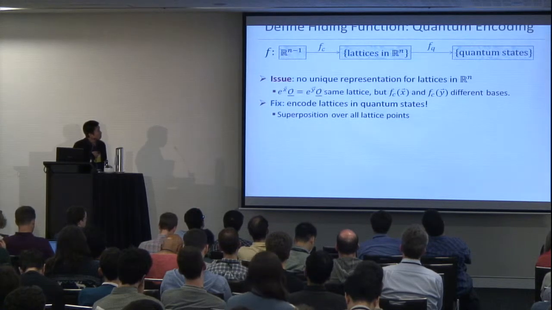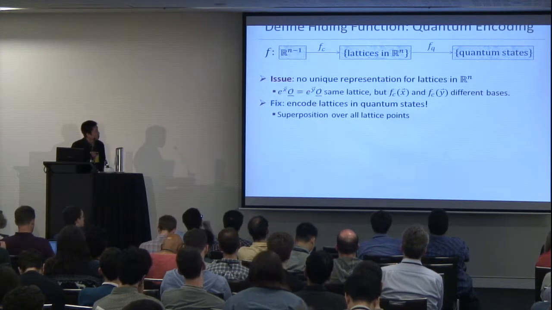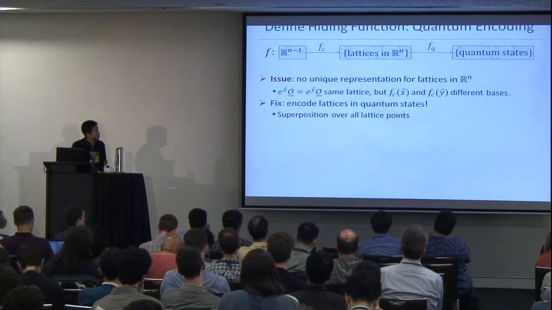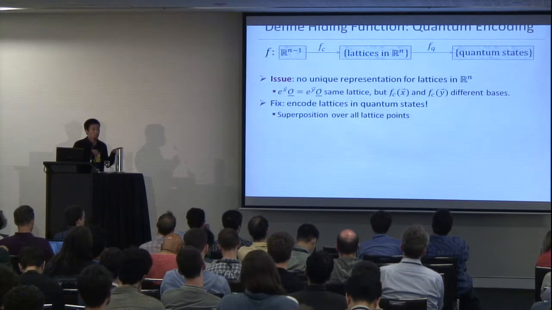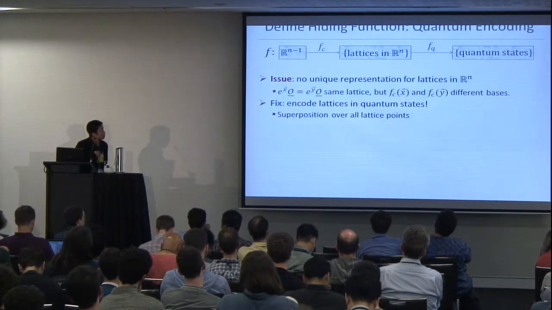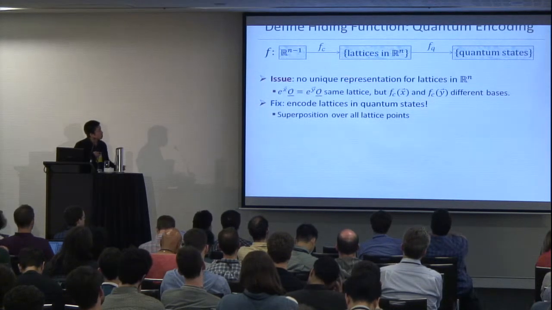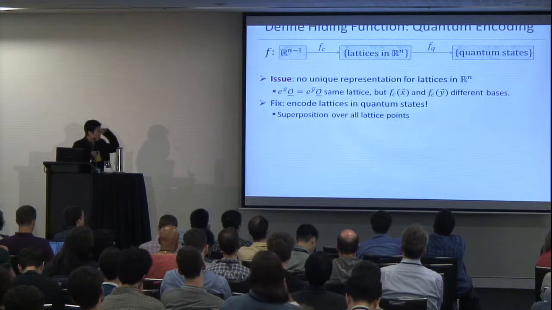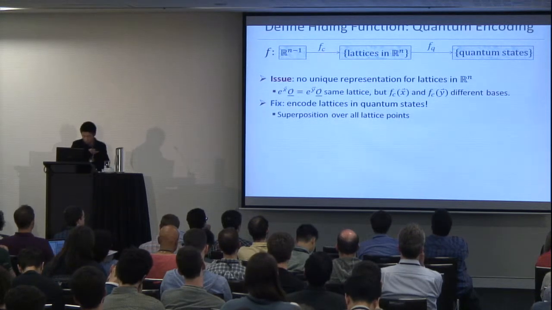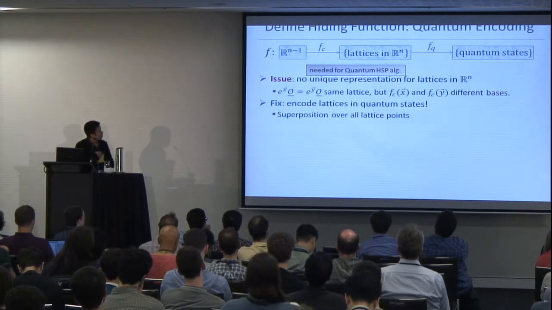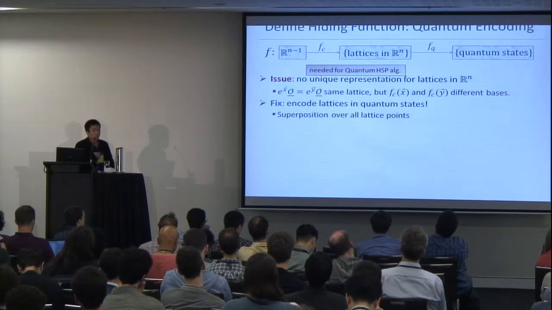In particular, even if two inputs generate the same lattice, the output basis from FC might be completely different. So we're missing a unique representation for the outputs of FC, and this is needed in the quantum HSP algorithm.